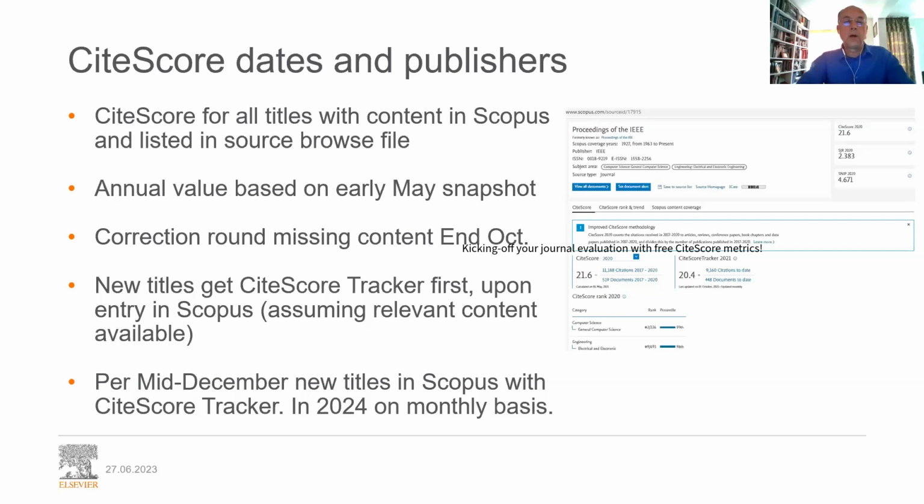Basically, the month after they've been accepted by Scopus, but do realize that it sometimes also takes time to add their content. It comes from a provider, it needs to be normalized, it needs to be, let's say, fixed into a format, sometimes by a translation table, and then if it's available in Scopus, we can do the calculation.